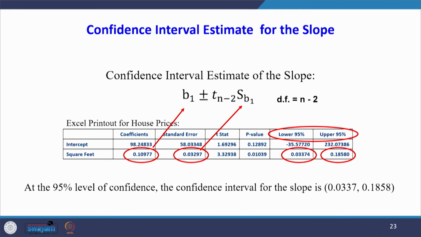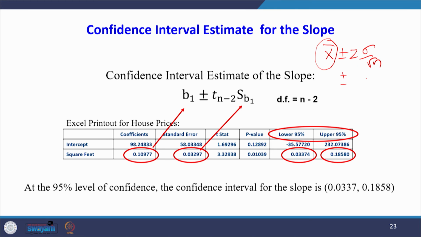For example, in hypothesis testing, if you are predicting the confidence interval for the mean, what is the formula? You remember x bar plus or minus z sigma by root n. Here x bar is the sample mean. Similar to that, here b1 is our coefficient, plus or minus this.